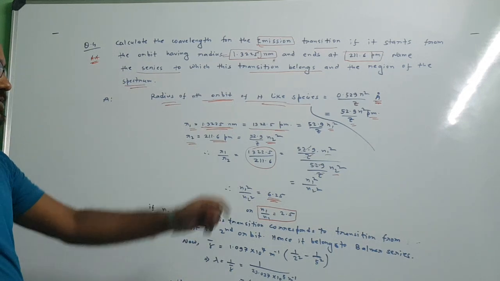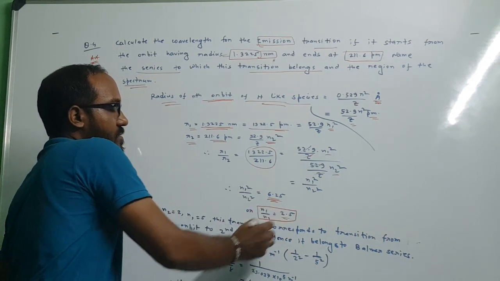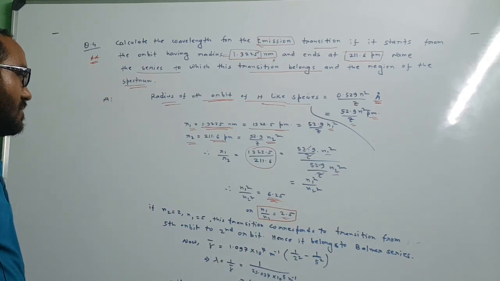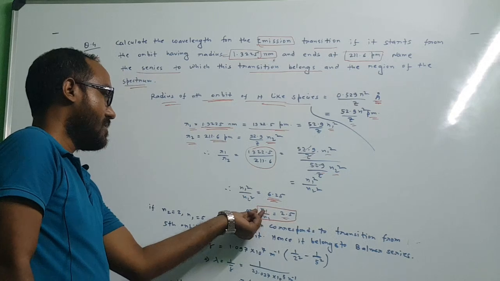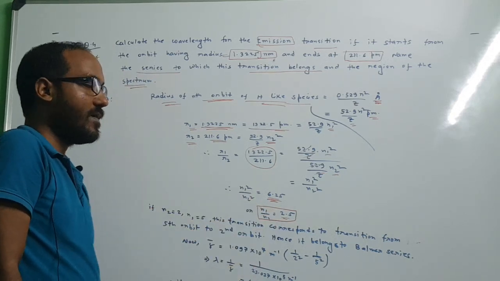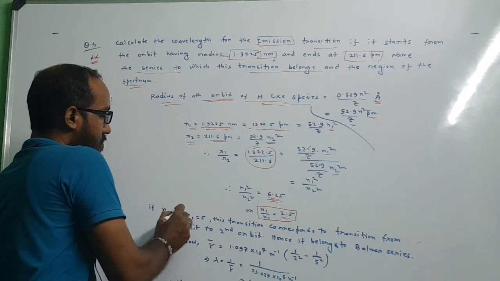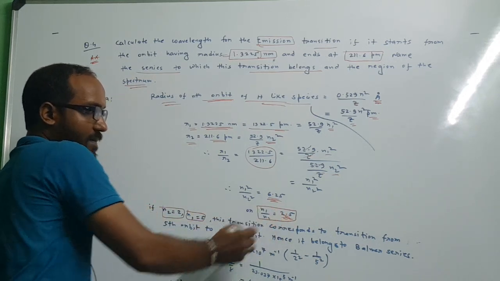Now here comes the logic. You got n1 by n2 equals 2.5. So what type of transition is possible? What values can we take so that the ratio would be 2.5? If we take n2 as 2 and n1 as 5, then 5 by 2 is 2.5.